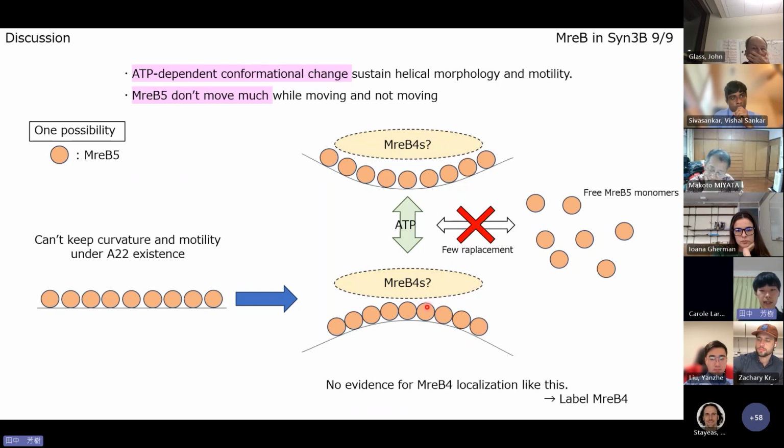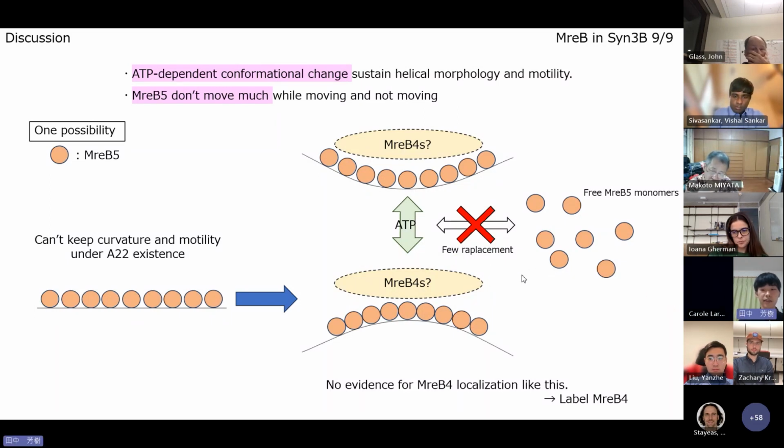The change in handedness due to ATP-dependent structure changes can be explained by considering that MreB5 is attached to MreB4, like this image. When handedness changes, it is presumed that there is no large-scale replacement between the aligned MreB5 and free MreB5.